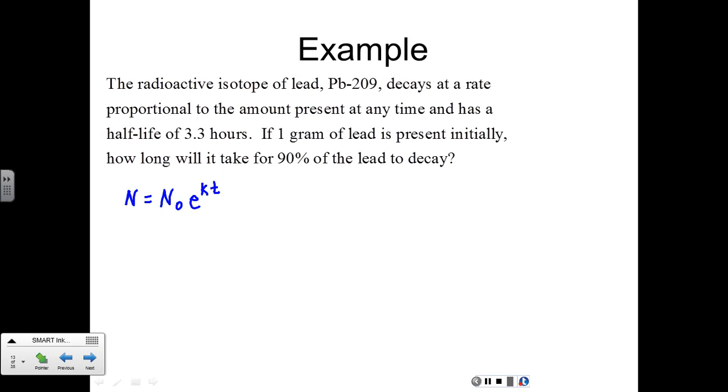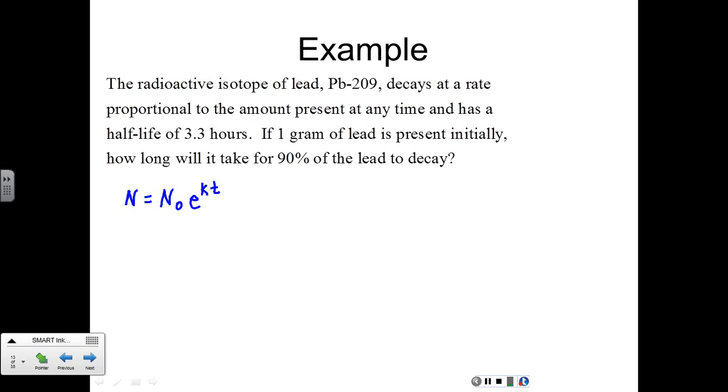If you went over to the chemistry lab, she's going to have a book probably about this thick of elements and information about them, and you can look up half-lives on about any kind of known element that you want to. That's all published information. But this has a half-life of 3.3 hours.